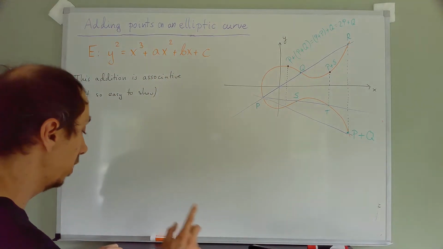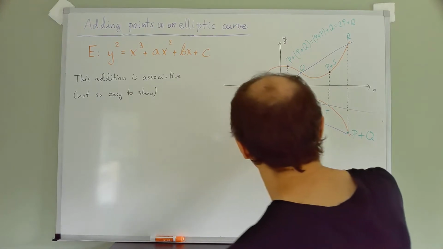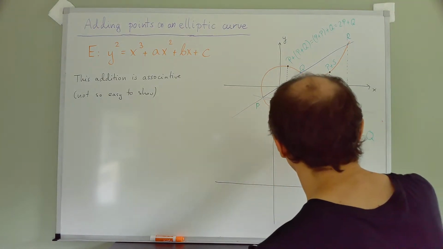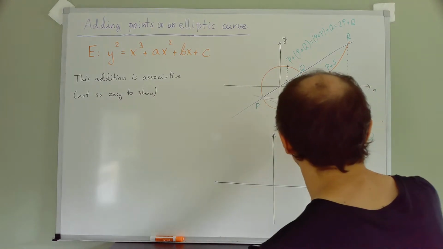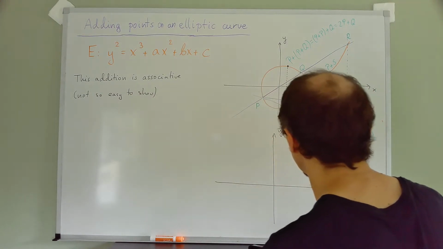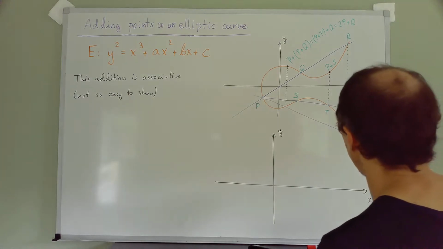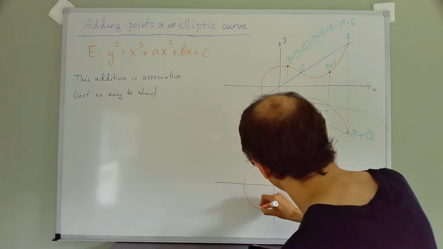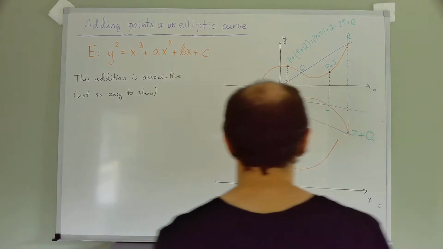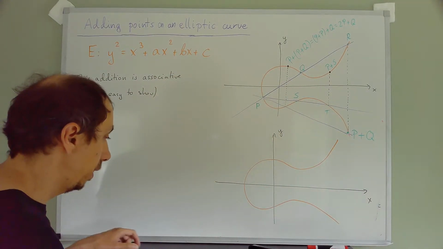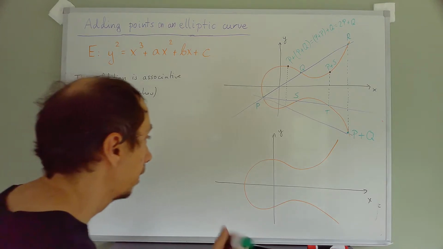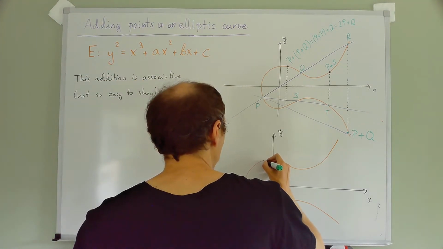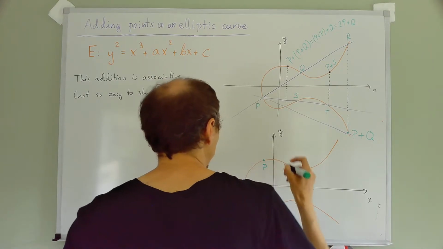So I'm going to do it on a separate picture because this is now becoming too difficult to read. So how do you double a point? Again, here's my elliptic curve. All right, so I'm going to place my P over here. I just want it all to fit into this picture, so I'm not going to make it completely arbitrary.